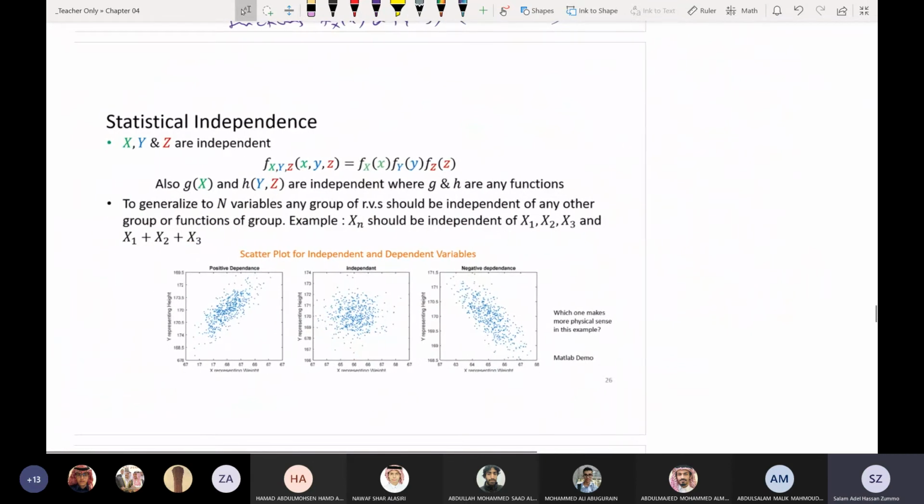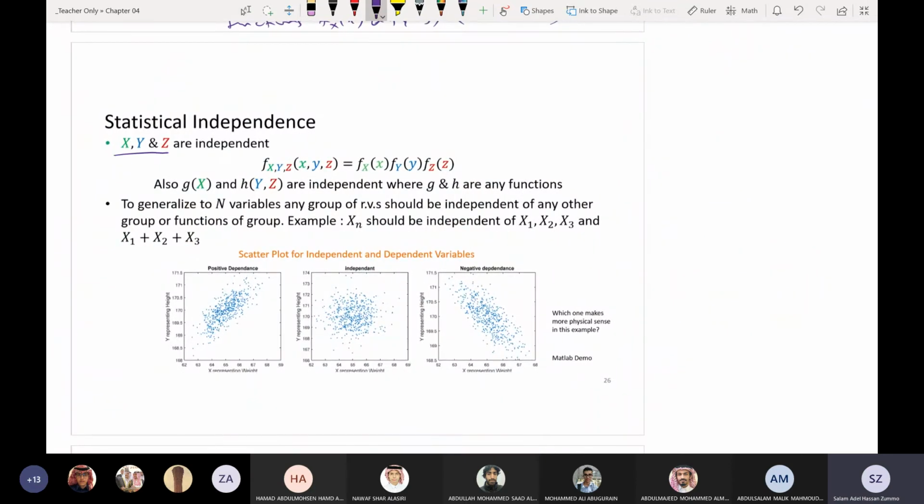Now, if I have 3 random variables, then the 3 random variables x, y, and z are independent if the joint PDF of x, y, and z equals the product of the 3 marginal PDFs.